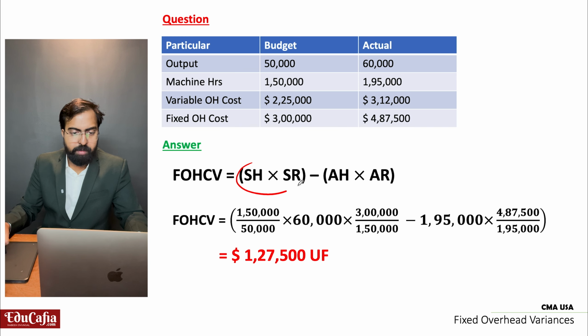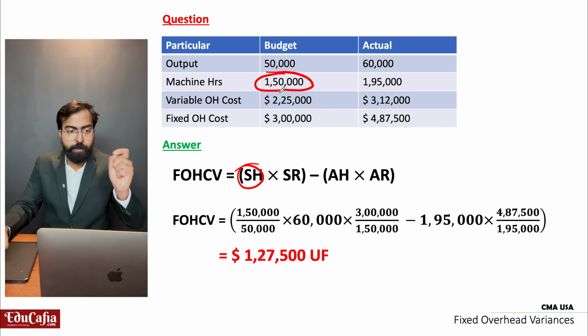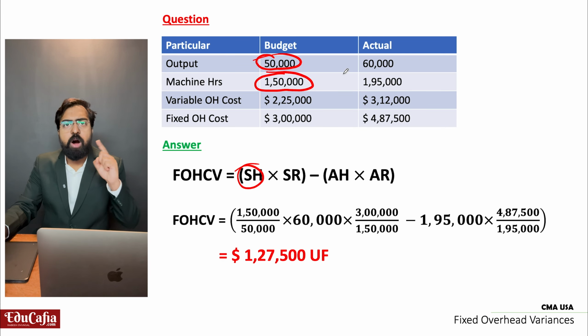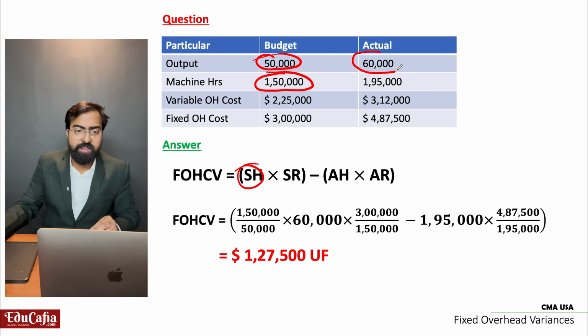So what is the cost variance? SH into SR minus AH into AR. This is the equation, right? So what is the standard hour? 1,15,000 machine hours is used to produce 15,000. But I want to know how many hours are required for 16,000.